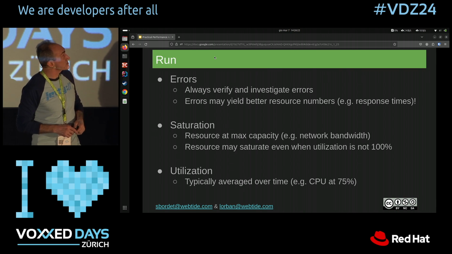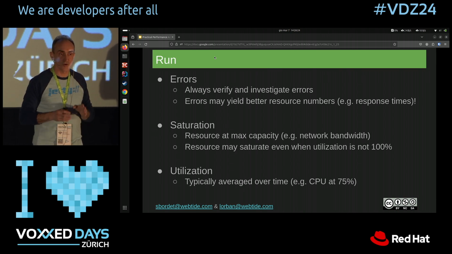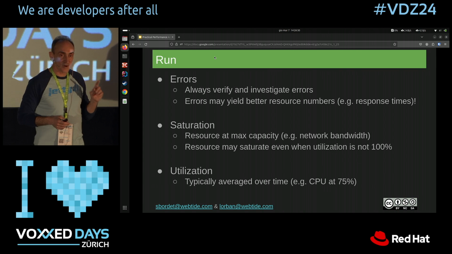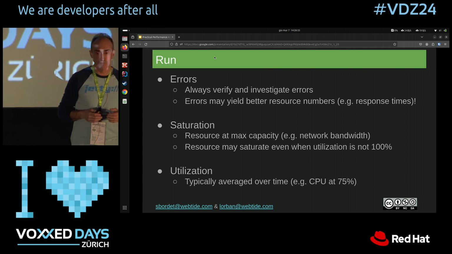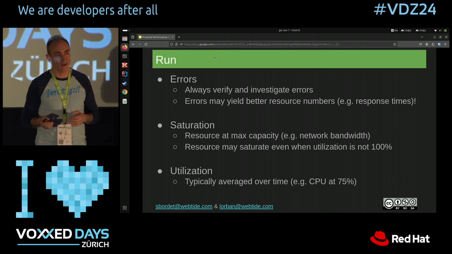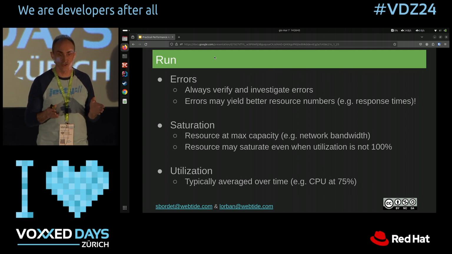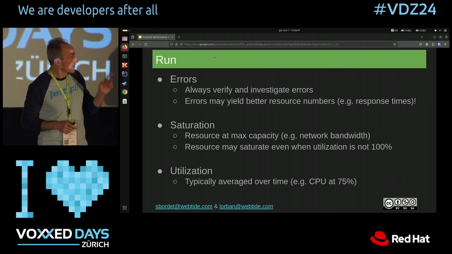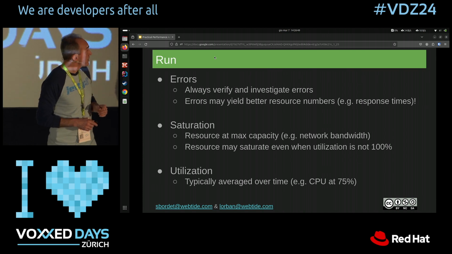The other thing that you can check is saturation. And remember that you really want to test for max capacity of every resource. And pay particular attention to the fact that most of the metrics that you get out of a system that you monitor, they're not particularly instantaneous resource consumption. They're somehow averaged over a period of time, okay? So pay a little attention. I have an example to show you later.